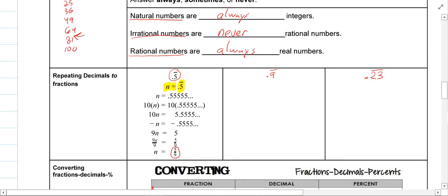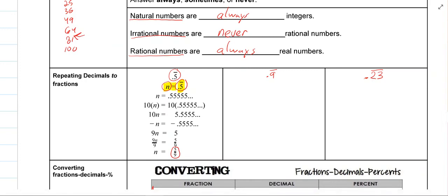We've declared it, all right? We are saying it is so. N is exactly equal to 5/10 repeating. 5/10 repeating is exactly equal to n. That means that these two numbers, the variable n and the number 5/10 repeating, are exactly the same number.